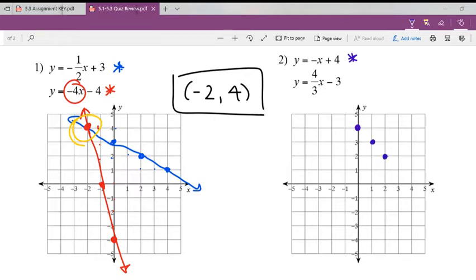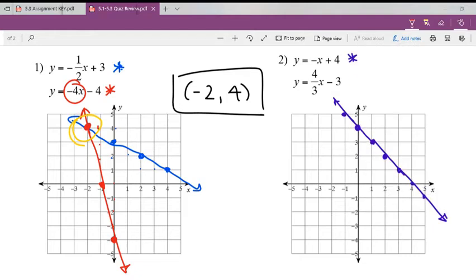Down 1, right 1, and you can do that as many times as you want. Personally, I think the more points the better, because then you'll be able to clearly see where everything intersects. And if you couldn't do that, do the opposite. Up 1, left 1. And then you can connect these. That's a better line. I have to do it in sections. That's the trick. So there's my one line.